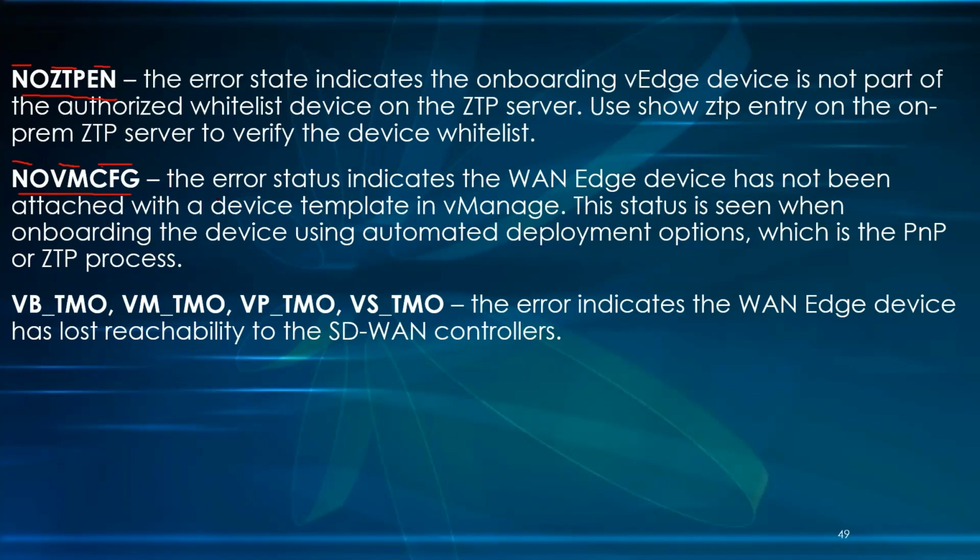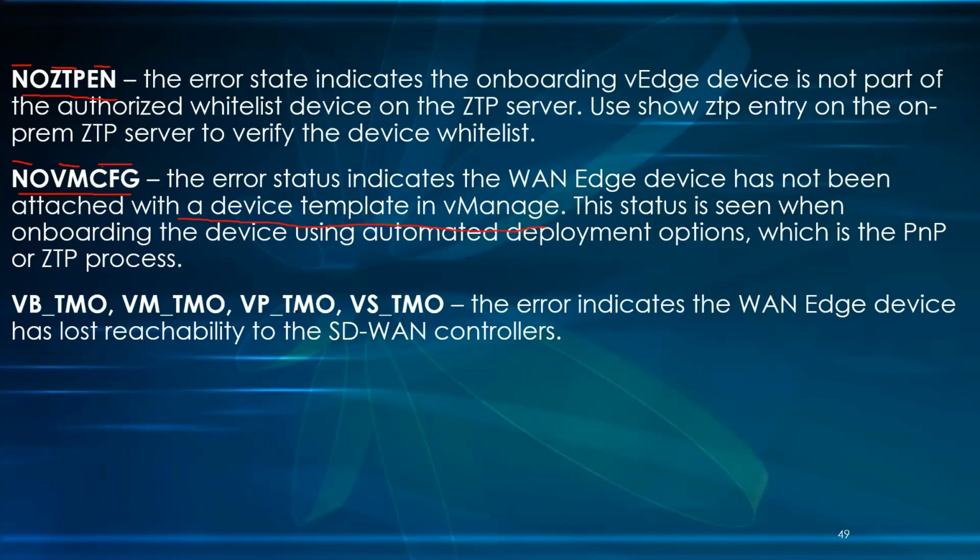If you see this error, it means your vManage doesn't have the configuration ready for this device which you want ZTP to work for, right? So it says the error status indicates the device has not been attached with the device template in the vManage. I'll let you know what the device template is, but for now understand that the configuration is not attached to the device. This status is seen when the onboarding device uses the automatic deployment option, which is the PNP or ZTP process, right?